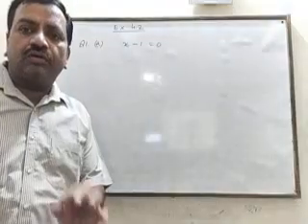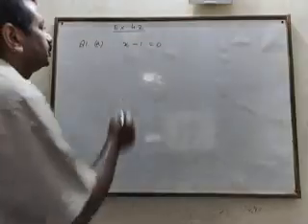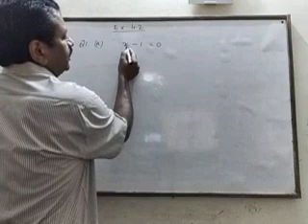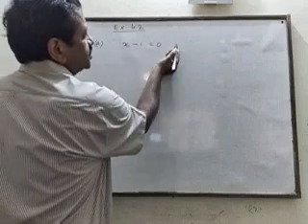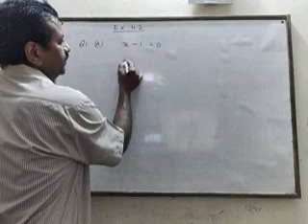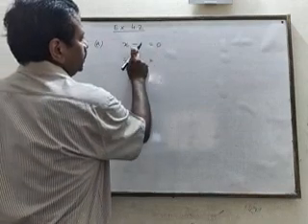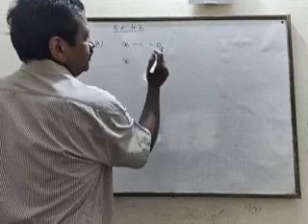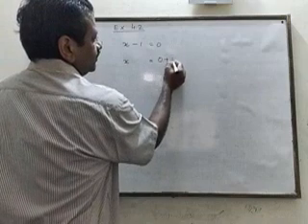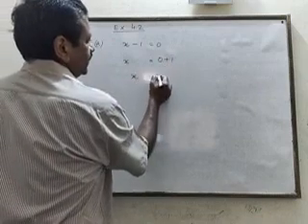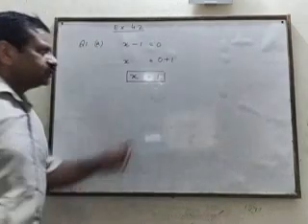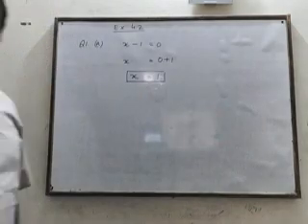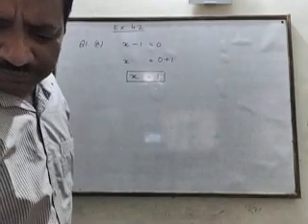So we need to find the value of variable x. Just shift this minus 1 to this side, so it will become plus 1 over there. So directly we can write x equal to 1. This is the solution of the equation.